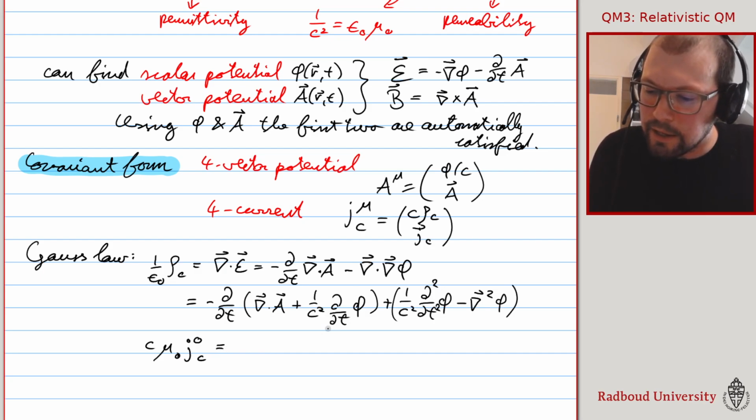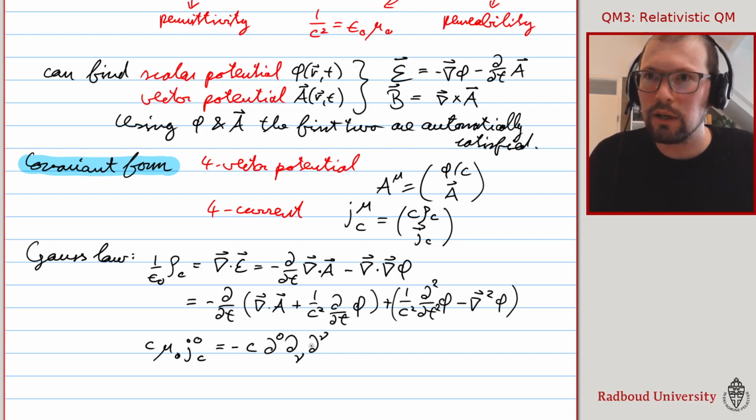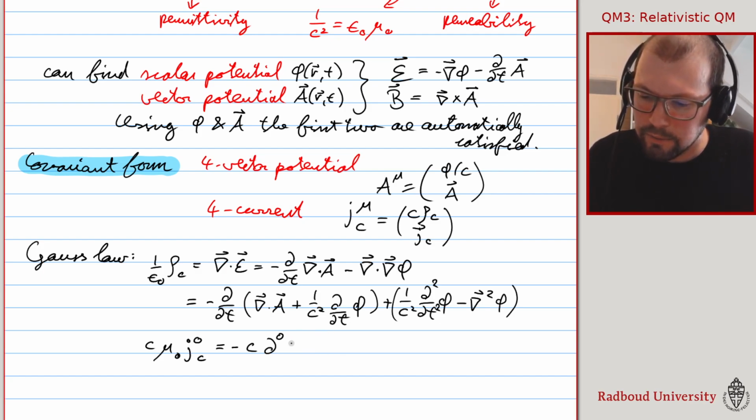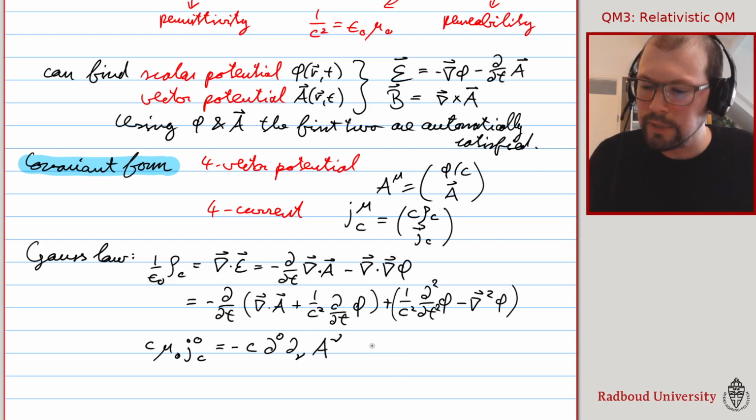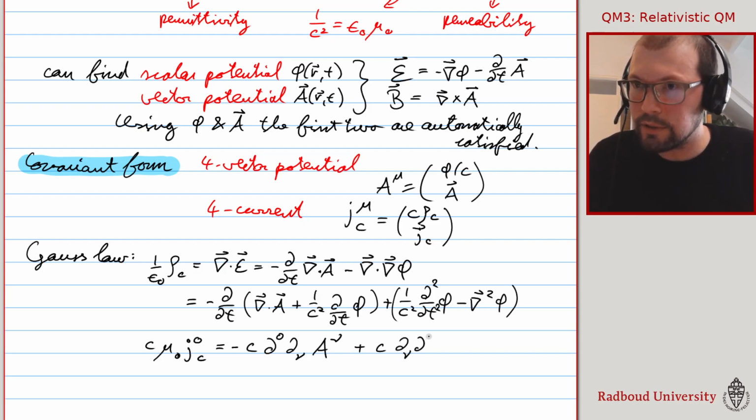Then I get here minus c d0 component, d nu a nu, and here I have d nu, the a0 component.